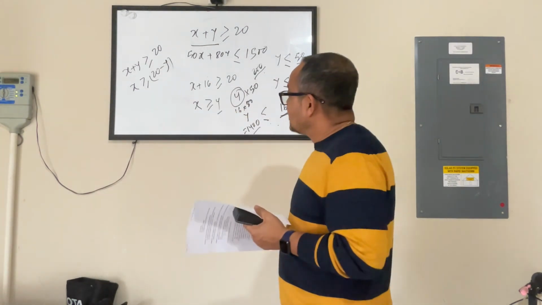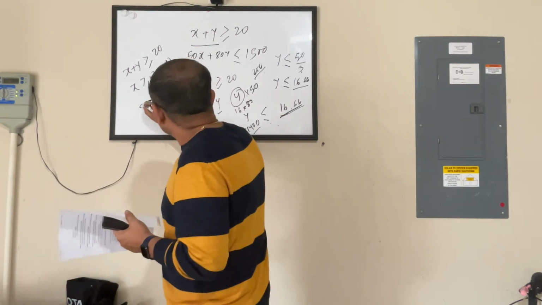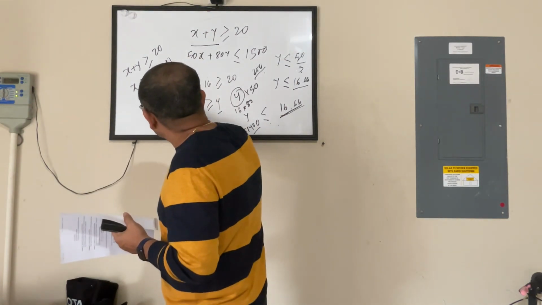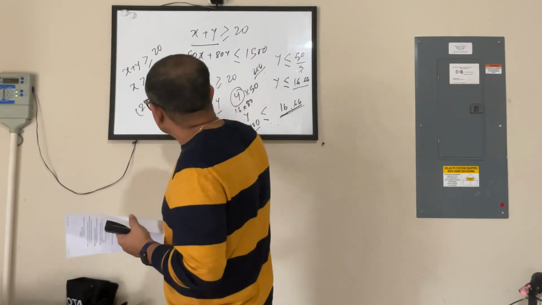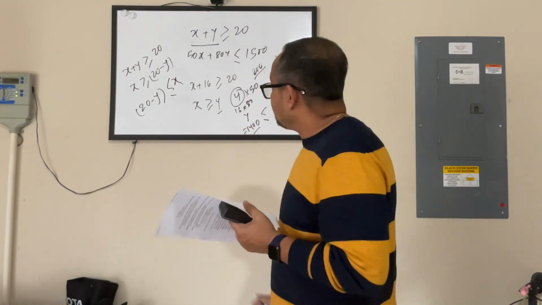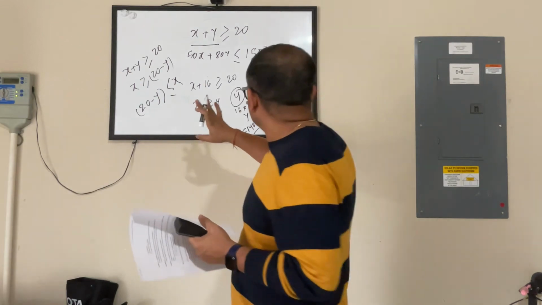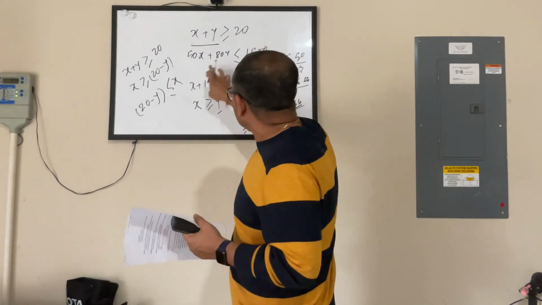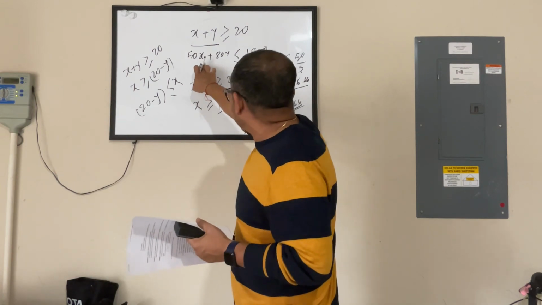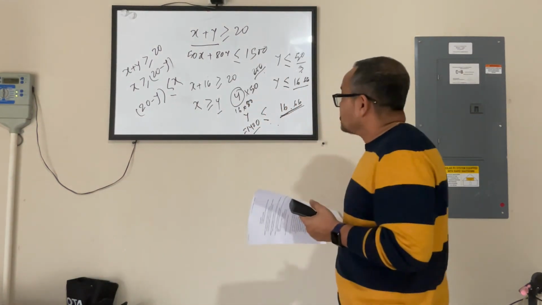So 20 minus y has to be less than or equal to x. That is how we could have put it. Here the value of x is greater than this value and we have put this as equal to. That is what is making it go wrong.